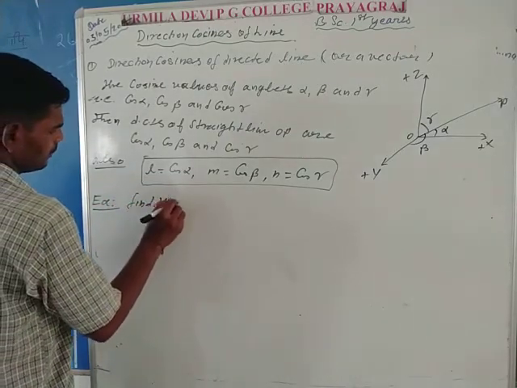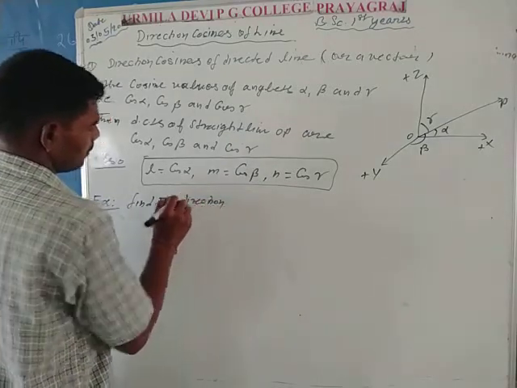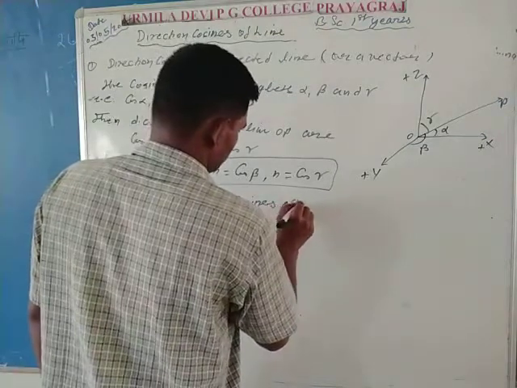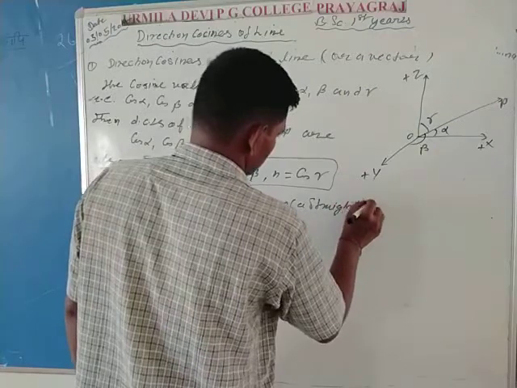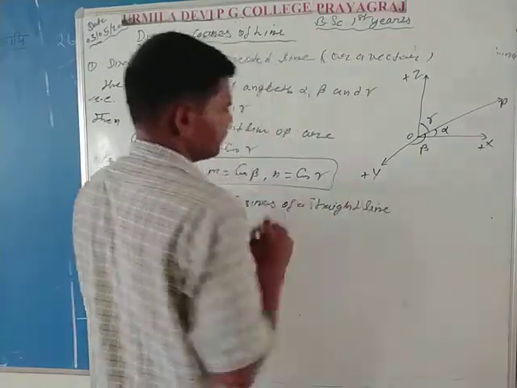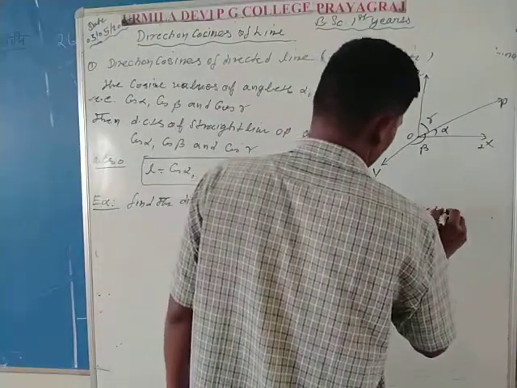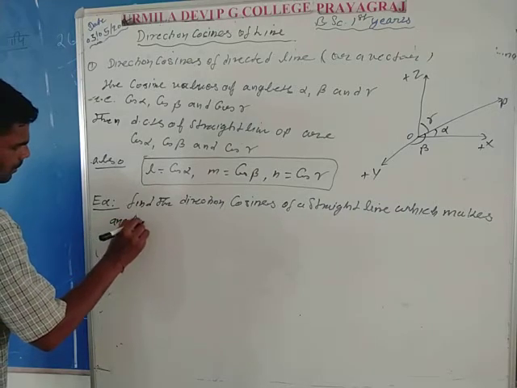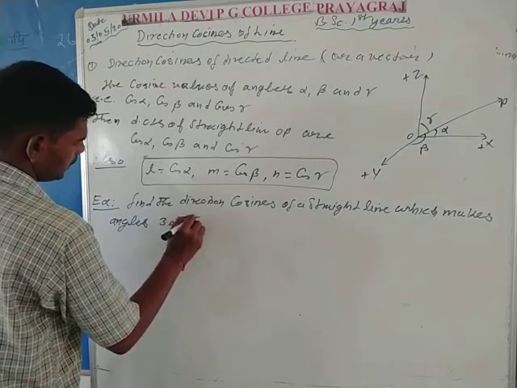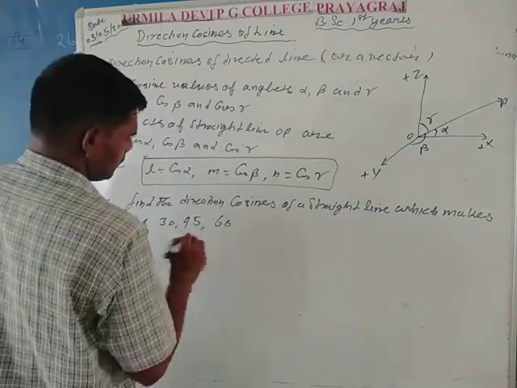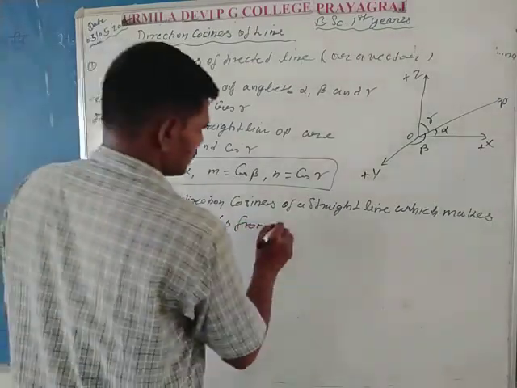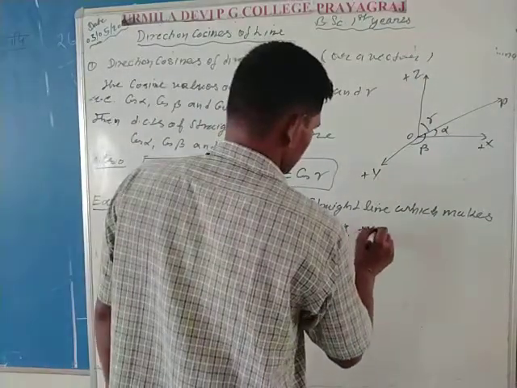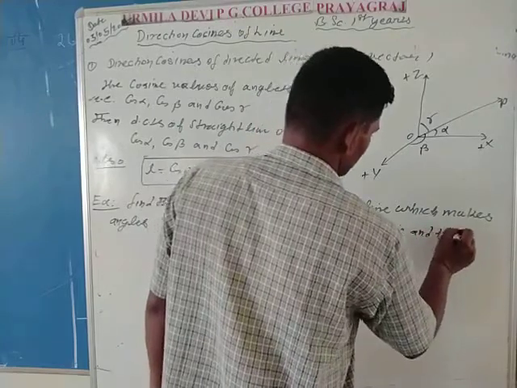Find the direction cosines of a straight line which makes angles 30 degree, 45 degree, and suppose 60 degree with the positive x-axis, positive y-axis, and positive z-axis.